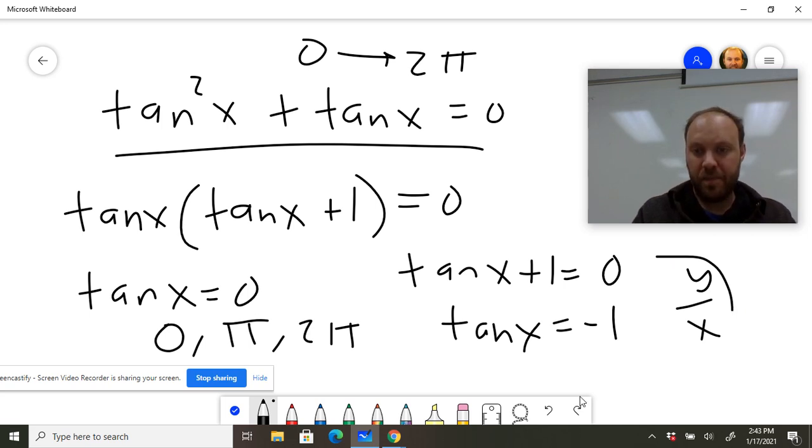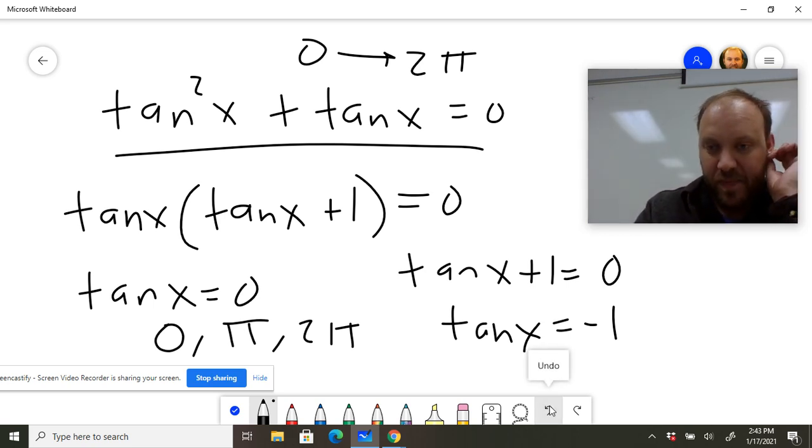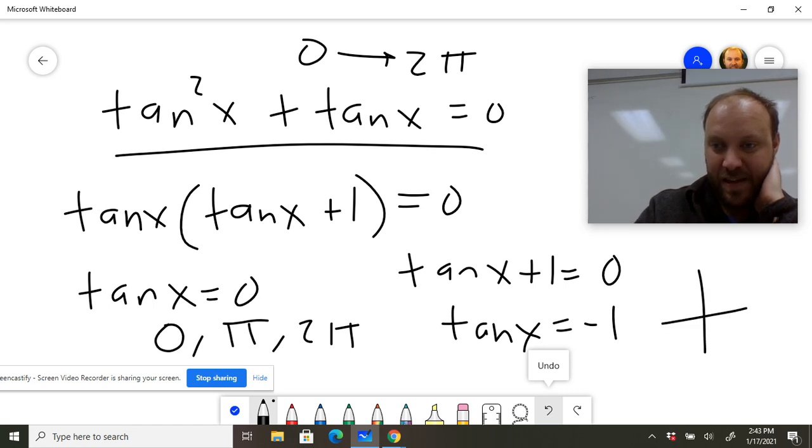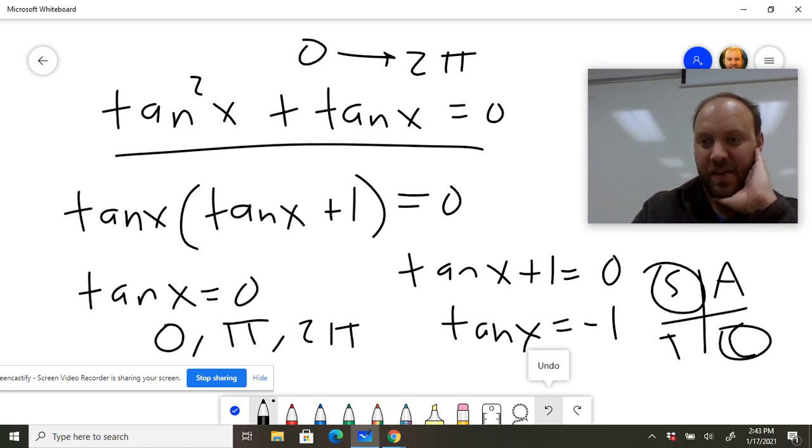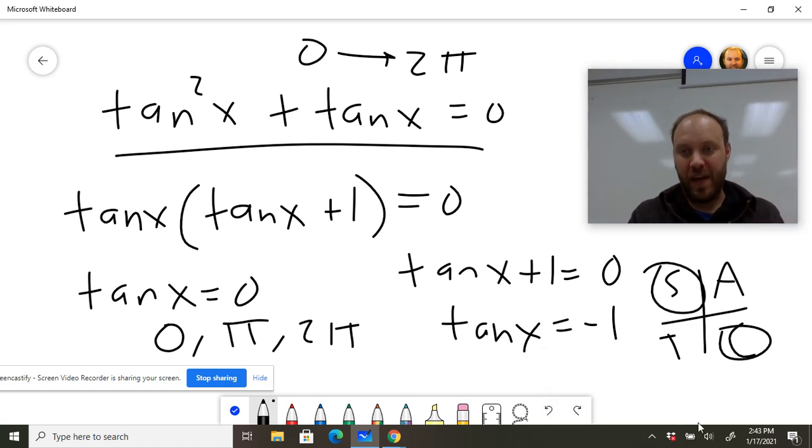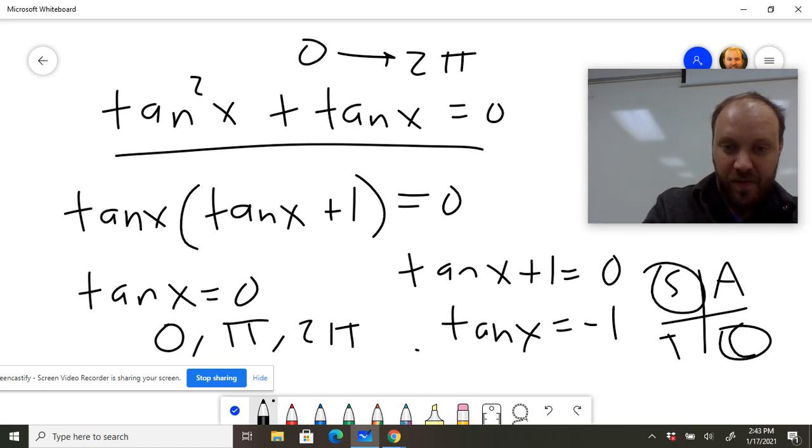The tangent function is negative in, let's see, all students take calculus, it's going to be negative in the second quadrant and it's going to be negative in the fourth quadrant. A reference angle of 45 degrees in the second quadrant is 135 degrees, which is 3 pi over 4.